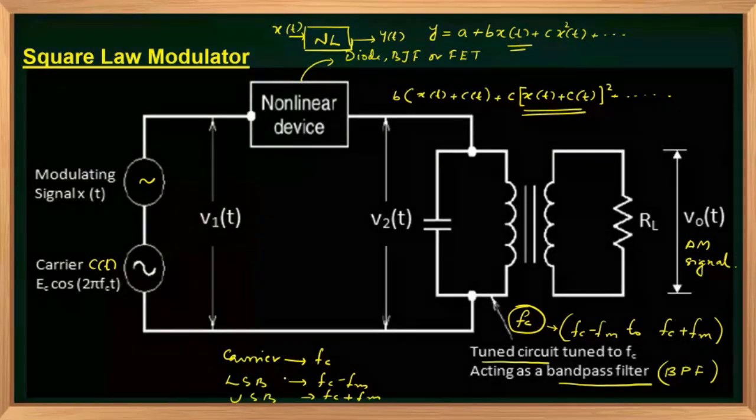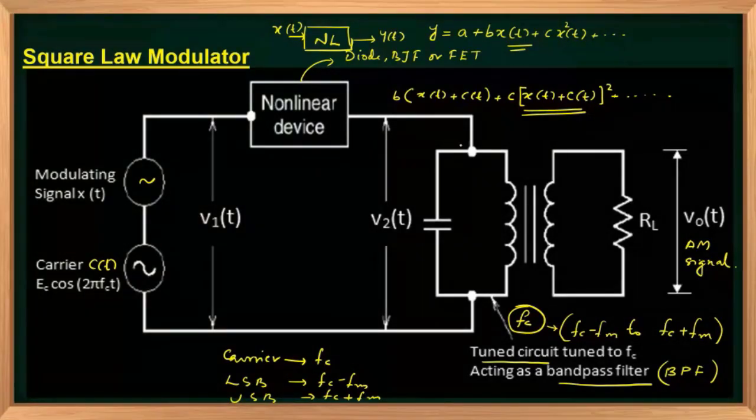Okay, we are not mathematically dealing with this circuit, only qualitatively analyzing how the AM signal is generated, so there is no need of giving mathematical equations related to generation.